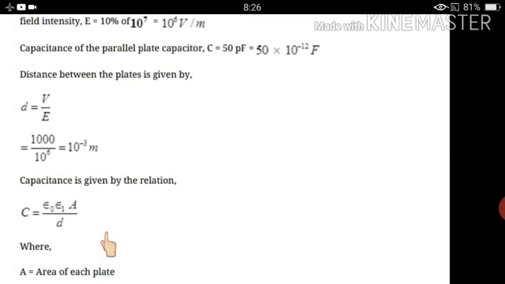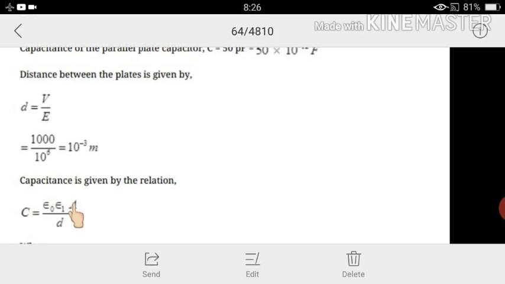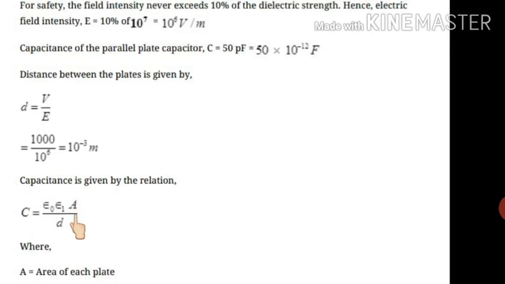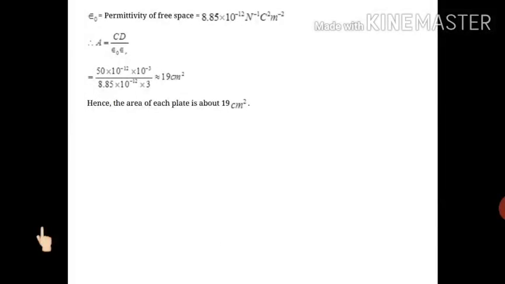Now we know this thing. For a parallel plate capacitor, what is the formula? C is equal to epsilon naught A upon D. And if dielectric constant is given, it will be C is equal to epsilon naught K A upon D, where A is area, D is the distance, C is the capacitance. Now we are supposed to calculate A. So A will be C into D upon epsilon naught into dielectric constant.